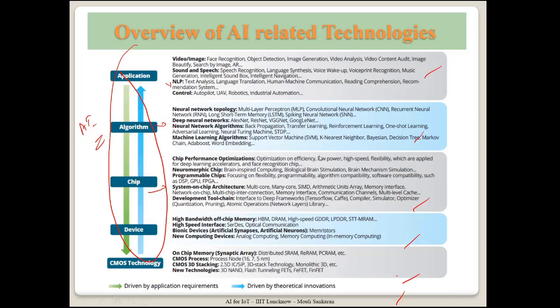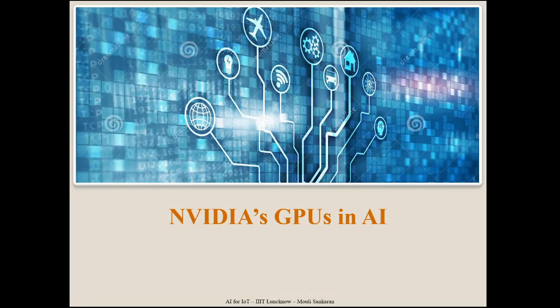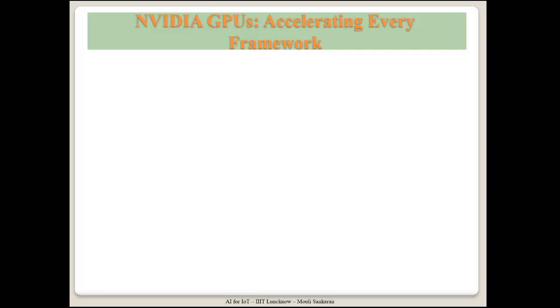I want you to run through it leisurely later on, not during the class, but just spend some time. Try to at least understand, Google these acronyms, so that you have a complete picture of what you are learning. You can even map whatever you are learning in different courses in this program to which layer it belongs. A complete picture is always good so that you can relate what is happening. I'm not going into the details. We will do it later on when the time comes, if required.